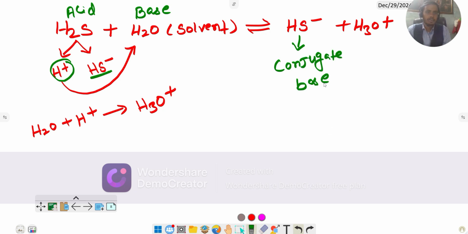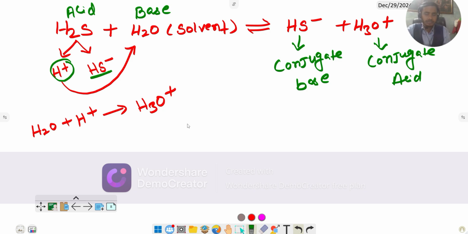In the case of the base, after accepting the H plus ion, whatever compound is formed is known as the conjugate acid.